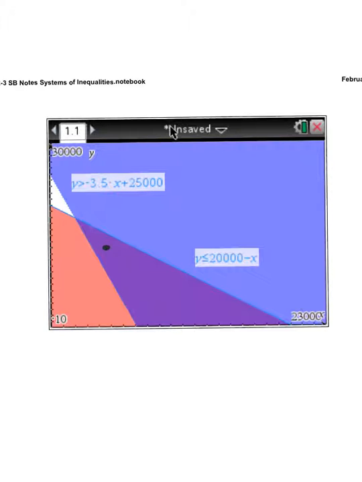So maybe I sold 15,000 regular price seats and 5,000 discounted seats, something like that. But we'll get more into that with our linear programming.